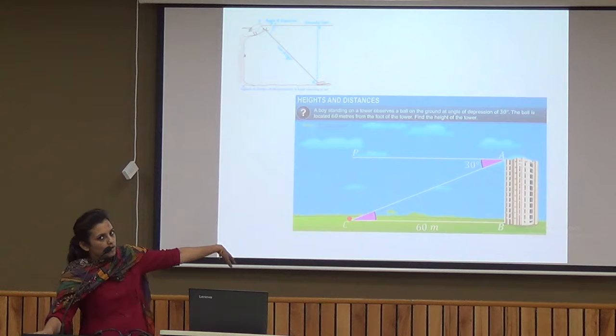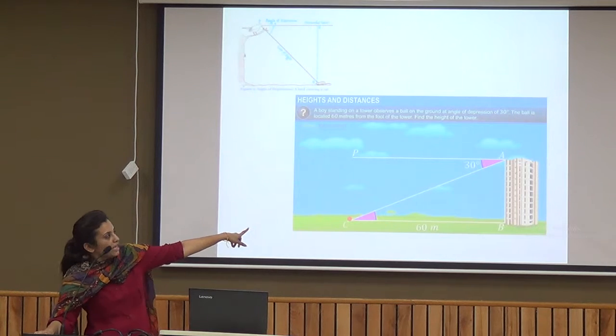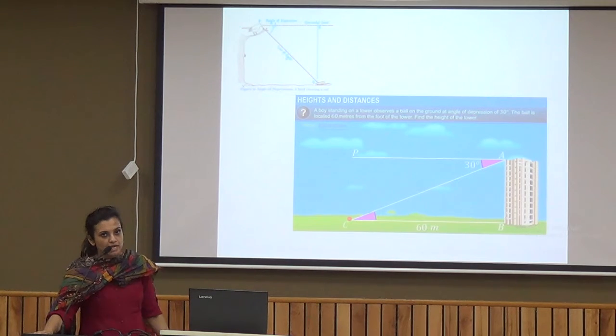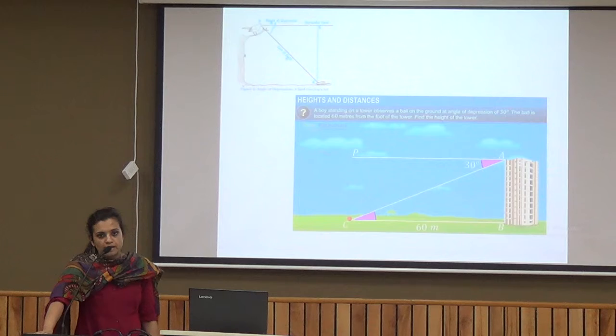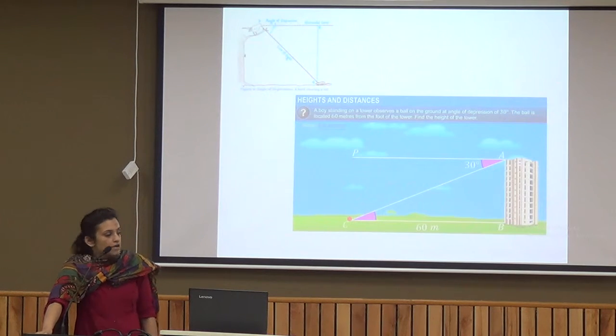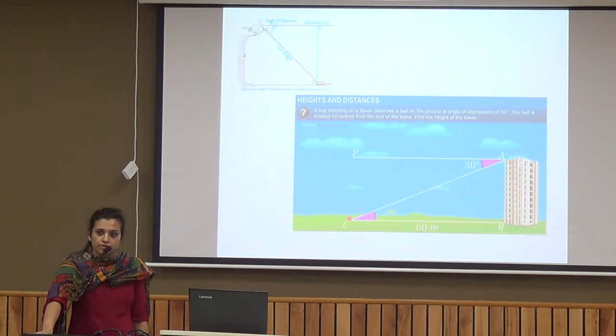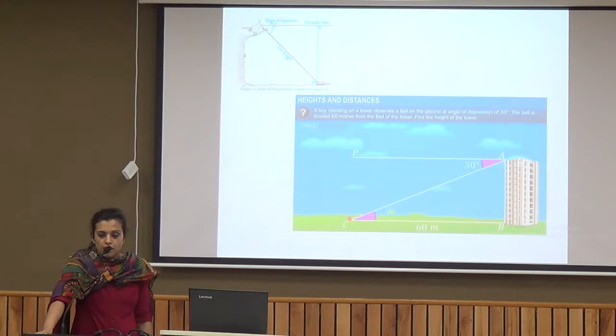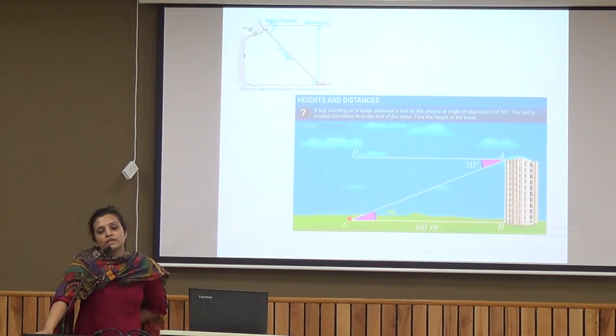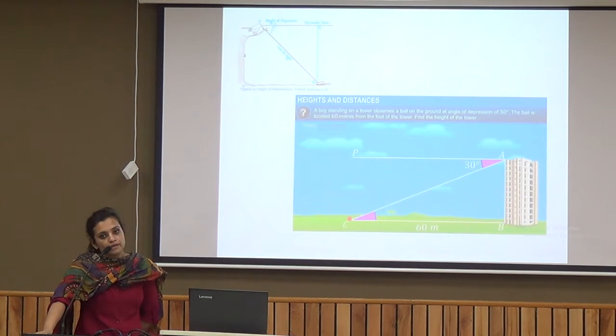When the boy looks down at the ball, lowers his eyes at an angle of 30 degrees, which is angle PAC 30 degrees, and using the concept of parallel lines and alternate interior angles, your angle C also becomes 30 degrees. Now we need to find the height of the tower. Here we can safely use tan 30, wherein tan theta is perpendicular upon base. The perpendicular here is AB, the base is 60. So tan 30 is going to be AB upon 60, and we'll solve.